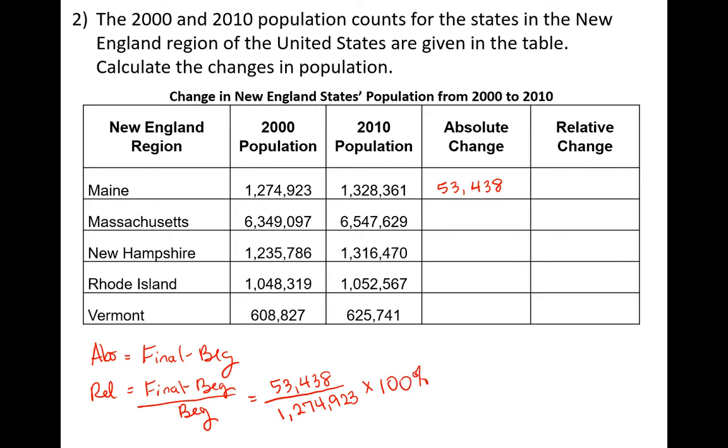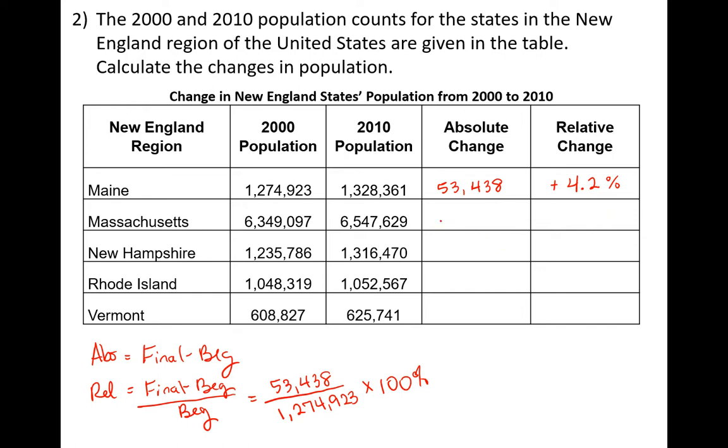So 53,438 divided by 1,274,923 times 100. This comes out to 2 places to be an increase of 4.2% because it went up. So let's do this for each one of these. 6,547,629 minus 6,349,097.